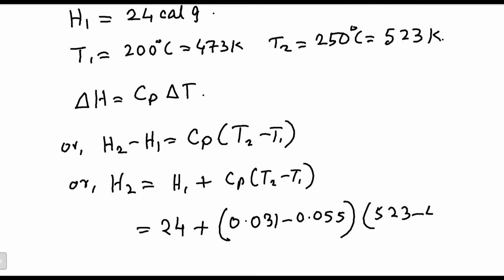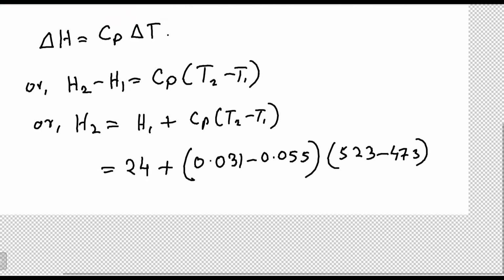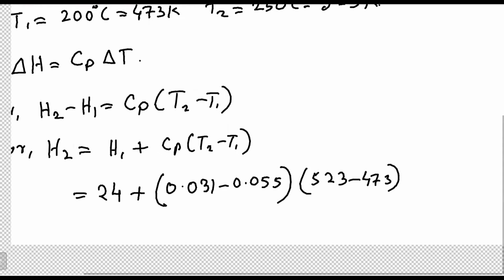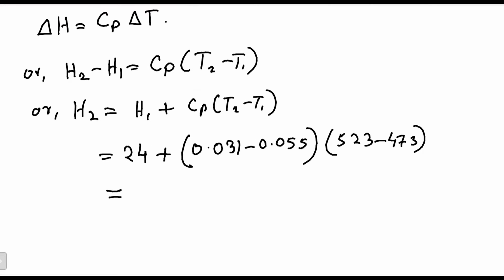If you calculate this entire thing, it will be 24 plus minus 0.024 into 50, calorie gram inverse Kelvin inverse into Kelvin.